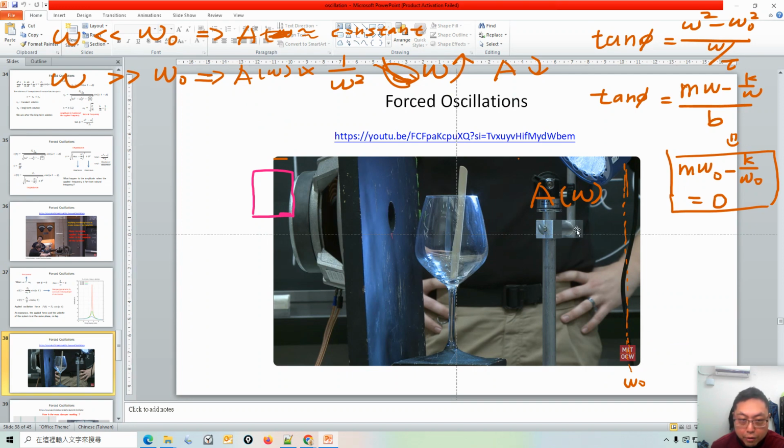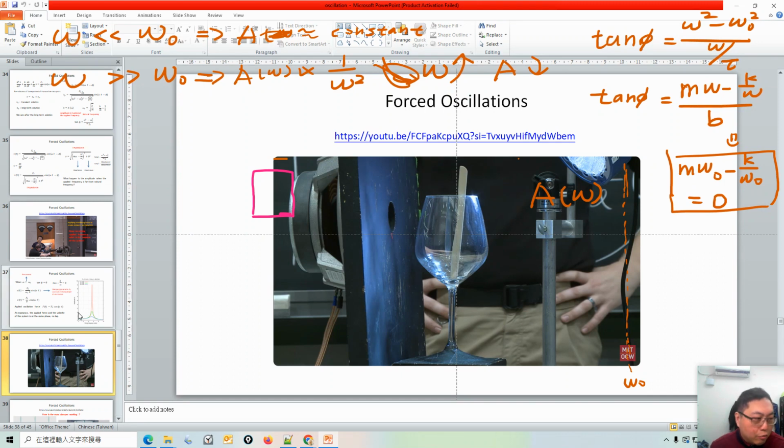They apply a sound wave to a glass, and they keep increasing the frequency. At a particular frequency, you will find the glass just shaking like crazy, and then at a certain applied frequency, the glass just breaks. That's called resonance.